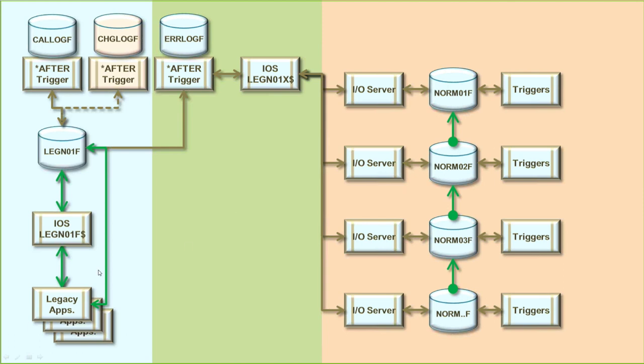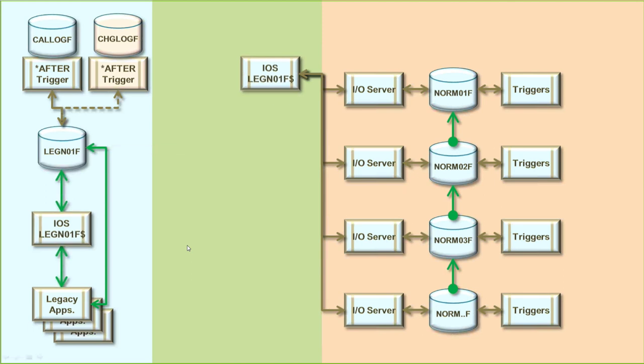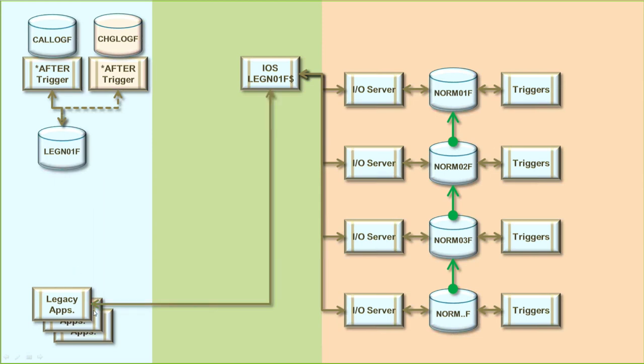The minute you change to that, there's no file spec in the legacy app anymore. As a result, you do not have a level check problem, because there's no file spec in the legacy app for that file.